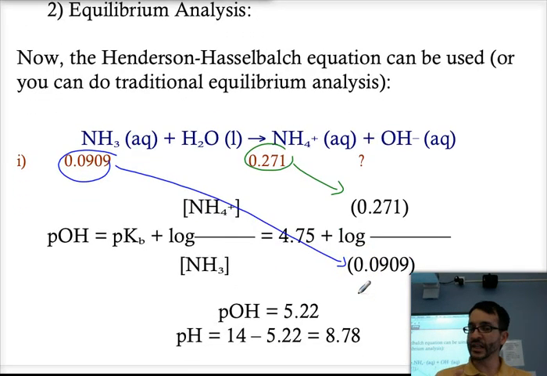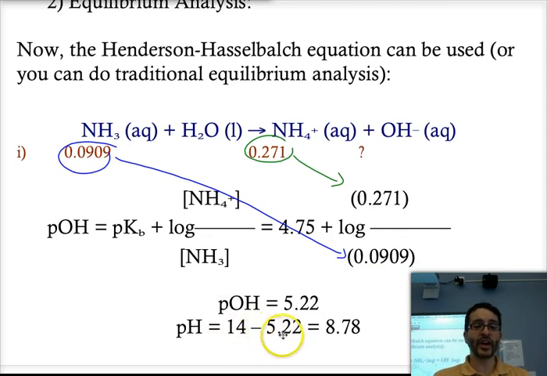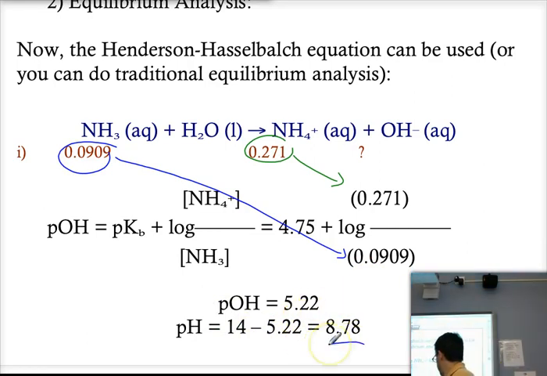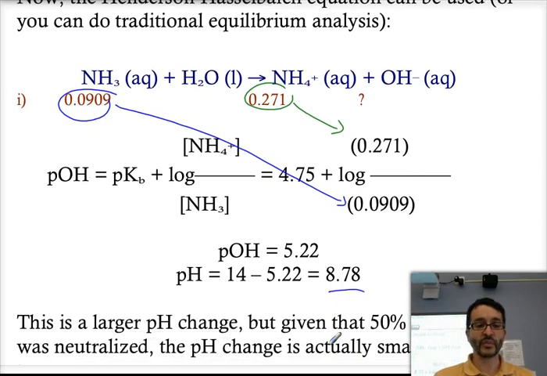We definitely have a change in the pH, but the change in pH is not as significant as it would have been were this not a buffer. All right, and then 14 minus 5.22 is going to give us 8.78, which is the final pH for our reacted buffer. So it is a large pH change compared to what we had before.